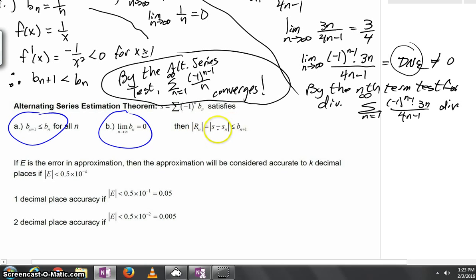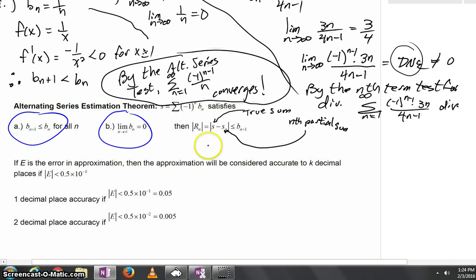Look, S right here is the true sum. S sub n is the nth partial sum. So if you stop at the 10th term, adding up the first 10 terms, obviously you won't get the infinite sum.